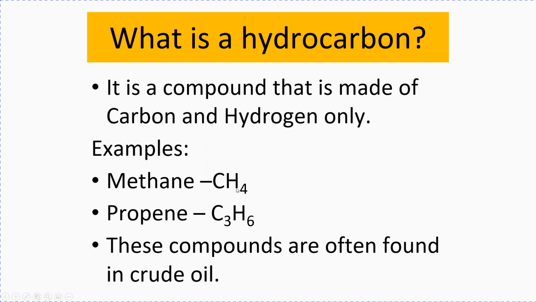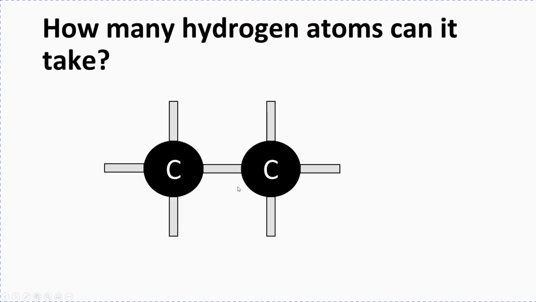1 carbon, 4 hydrogens. Okay, now if I've got a 2 carbon chain, this would be called ethane, and I'll give you a way to remember this later. Each carbon has got 4 bonds, but one of them they are sharing between them. So this time, because one of the bonds is being shared by the carbons, I can only have 1, 2, 3, 4, 5, 6 hydrogens joined to this chain.